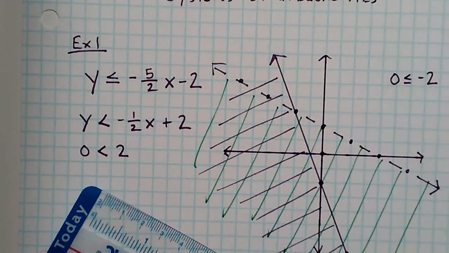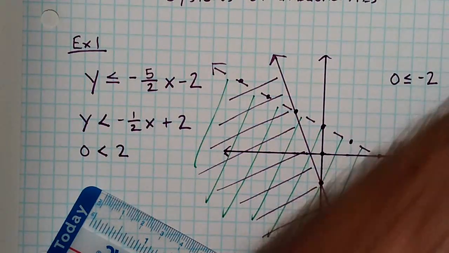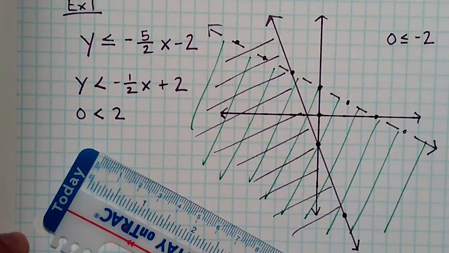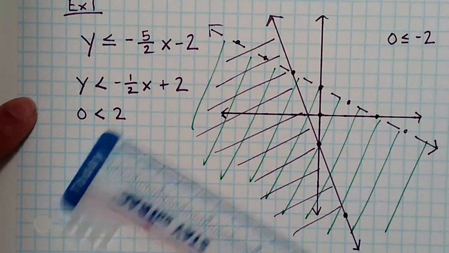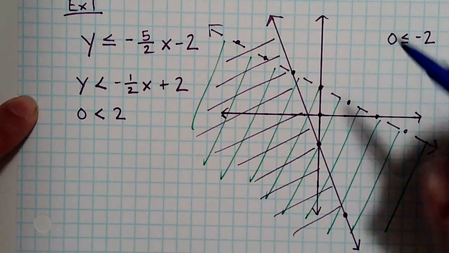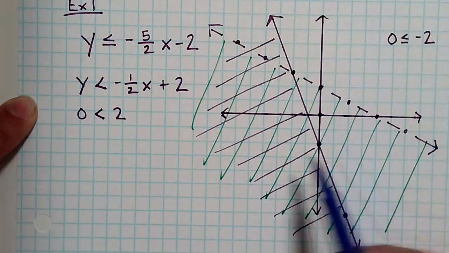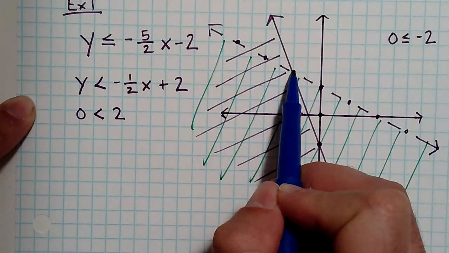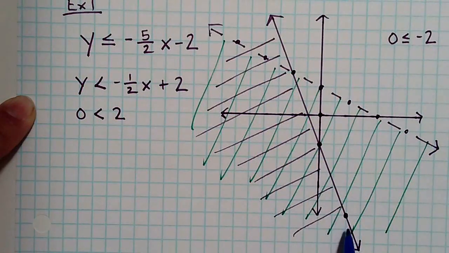What I'm looking for is the intersection of my shaded regions, where the shadings overlap. They overlap right below the dashed line to this point, and then left of the solid line.